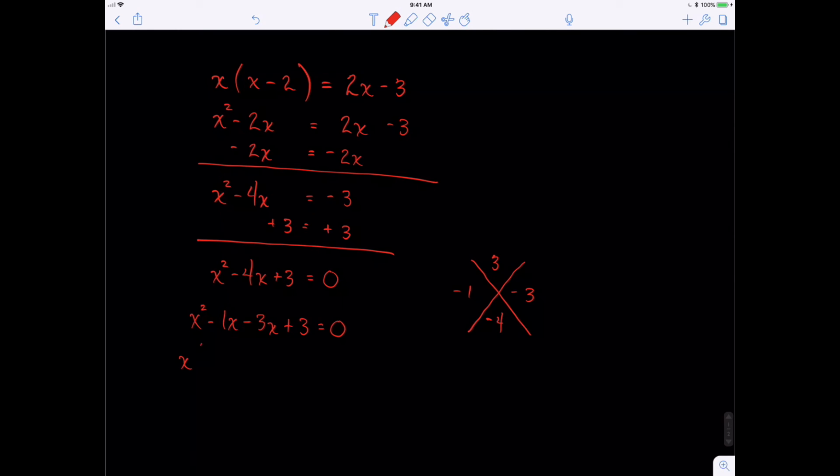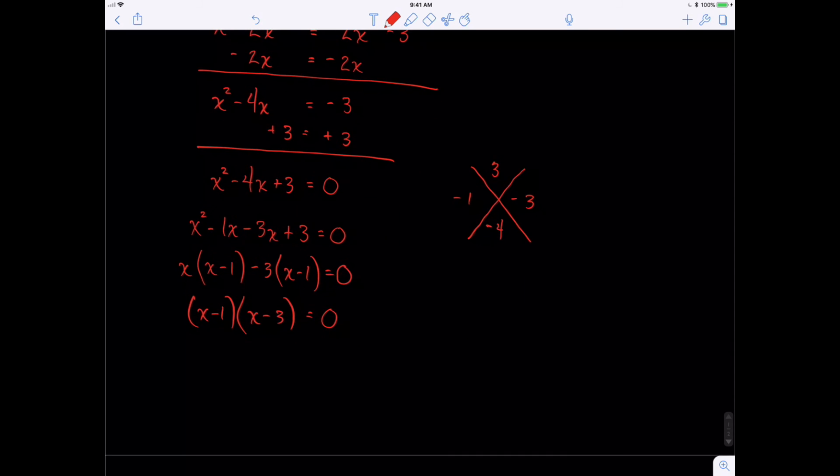Factor out an x, this is an x minus 1 minus 3 times x minus 1. There we go, there's our greatest common factor unveiled. And so now I have x minus 1 times x minus 3 equals 0.